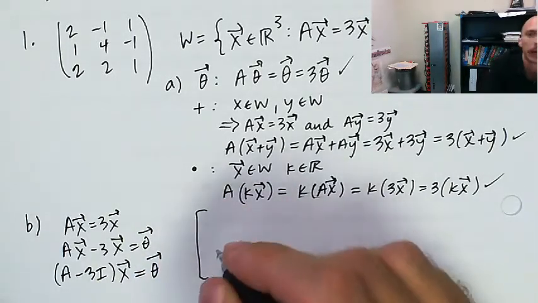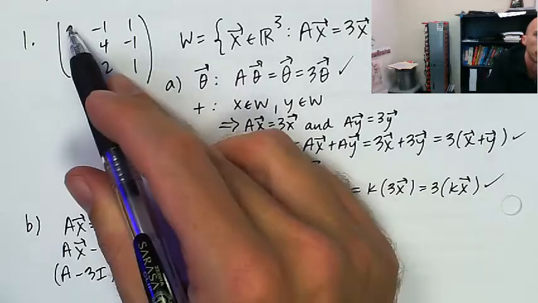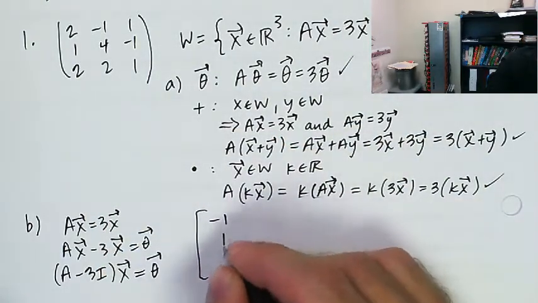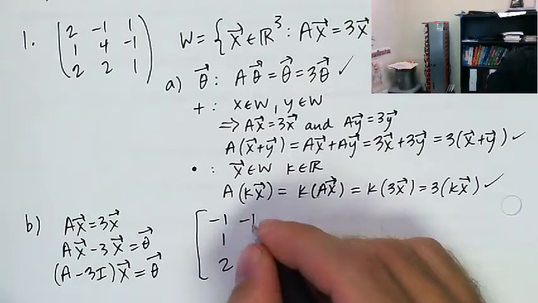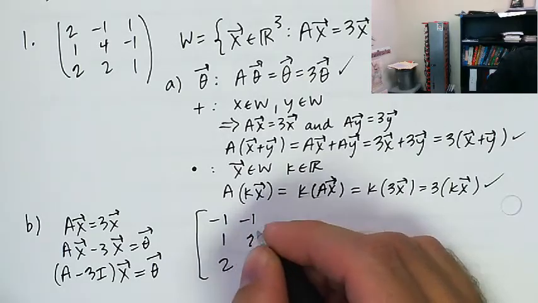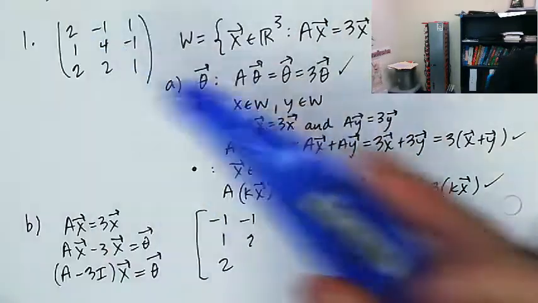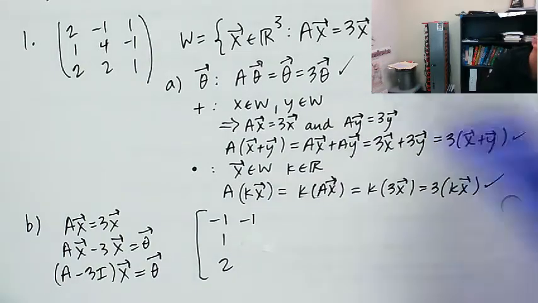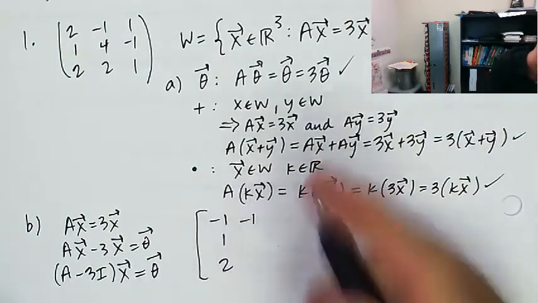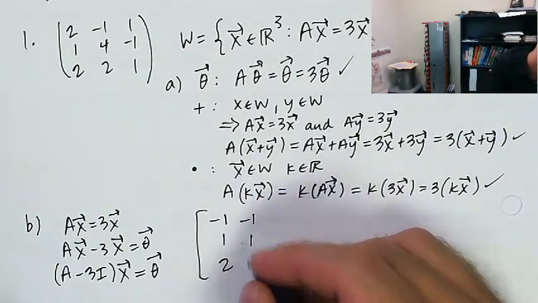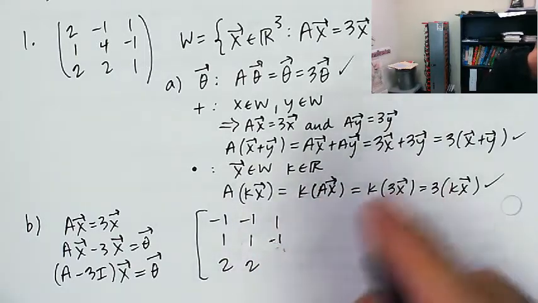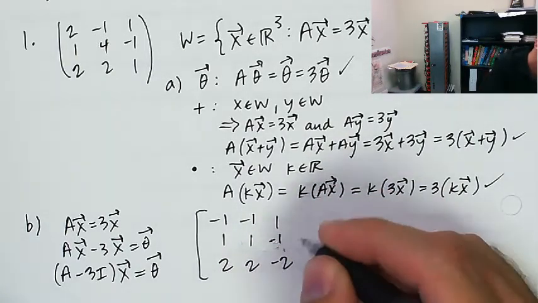Well, I can do A minus 3I. That's going to be 2 minus 3, 4 minus 3, 1 minus 3. Otherwise, everything will be the same. And negative 1. 4 minus 3 is not 2, that's going to be 1. Right, so that's going to be a 1 there, and then this will be a 2, 1, negative 1, and also 1 minus 3 is negative 2.